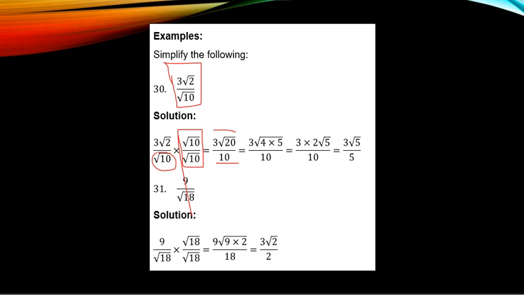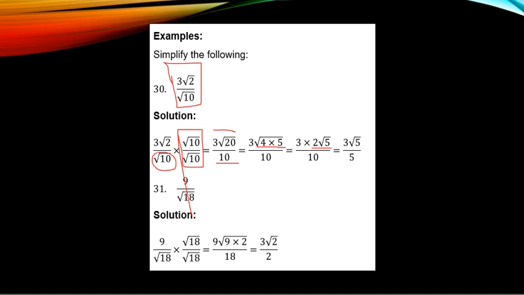You can express root 20 in basic form because there's a factor of 20 that is a perfect square. So you have 4 times 5. Root of 4 is 2, then you have root 5 times 3.